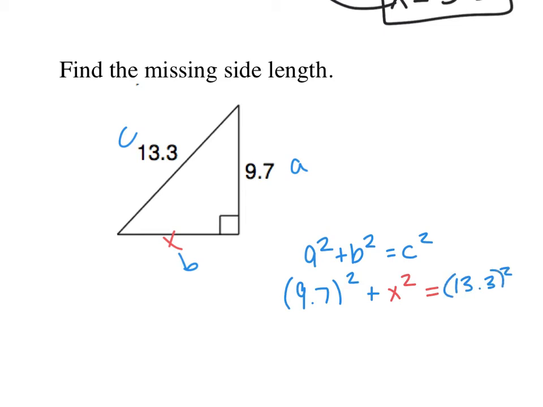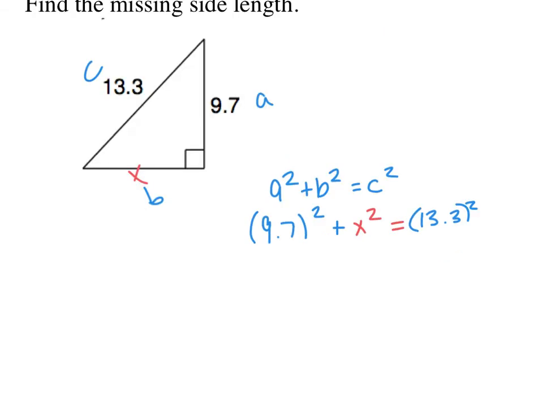And we're going to type those out into our calculator. So when I do 9.7 squared, I get 94.09 plus x squared equals 13.3 squared, which is 176.89. I now need to get everything on one side. My x is on one side, my number's on the other.